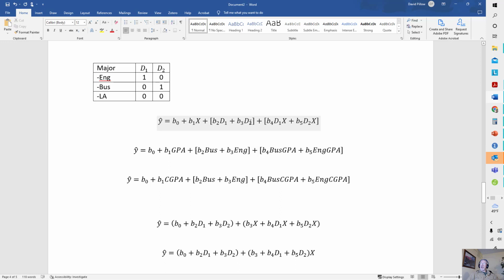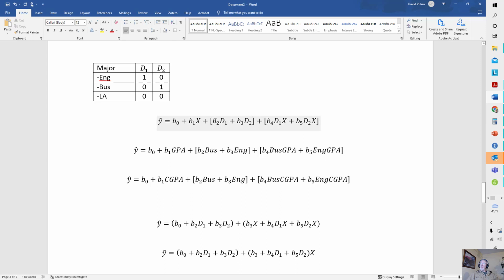I put that in brackets to represent the fact that together they represent the effect of major, two dummy codes, or a set of dummy codes to represent major. That's one variable, and then another variable in brackets to represent the interaction.